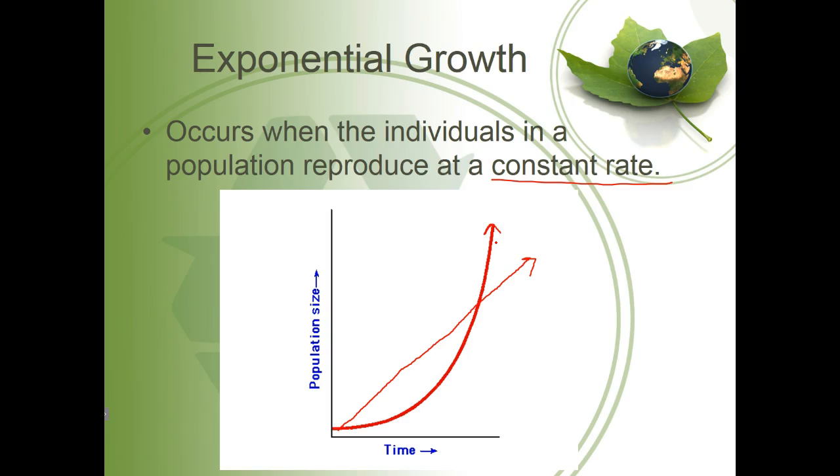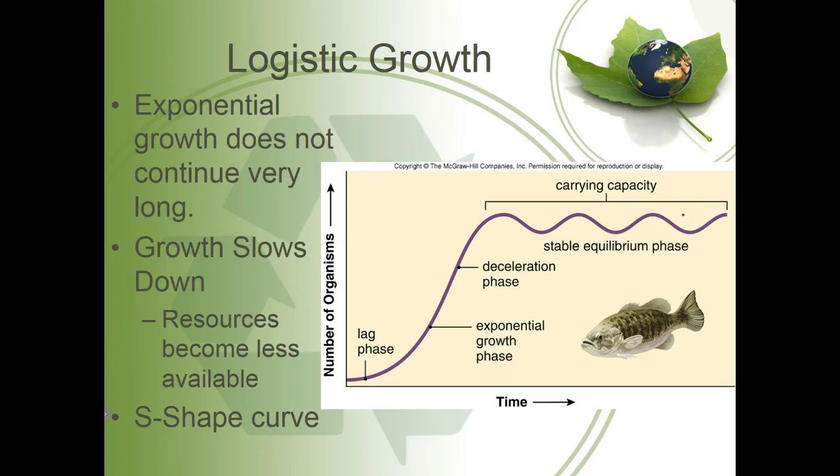Can a population grow exponentially forever? No. Okay, it's going to eventually reach a threshold, and that threshold is called the carrying capacity. Okay, carrying capacity. Carrying capacity is the maximum number of organisms a certain ecosystem or a certain environment can support.